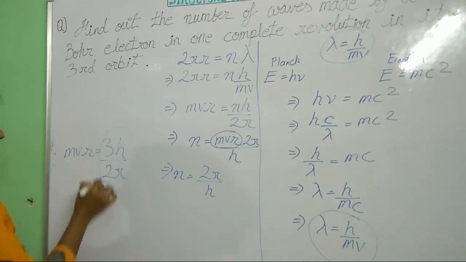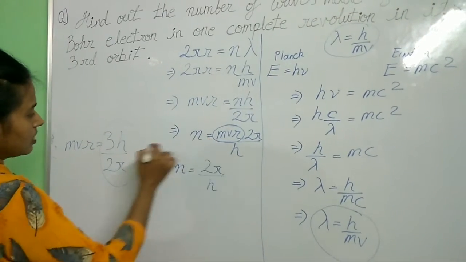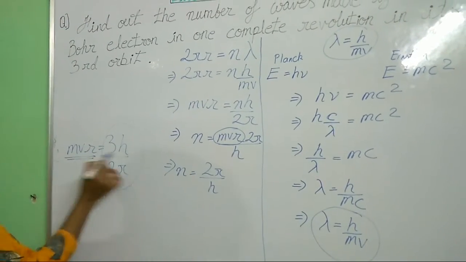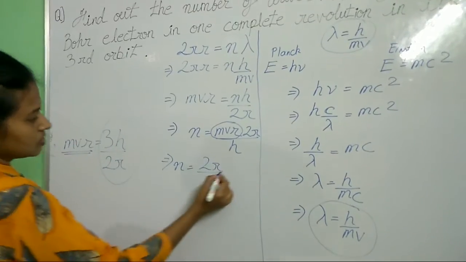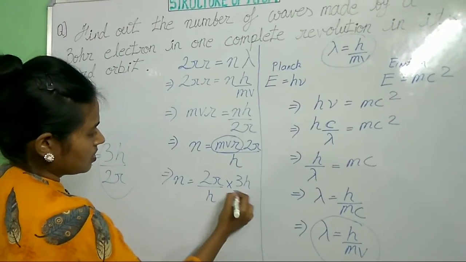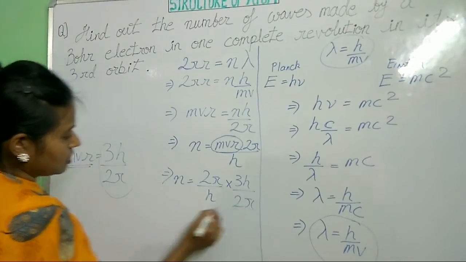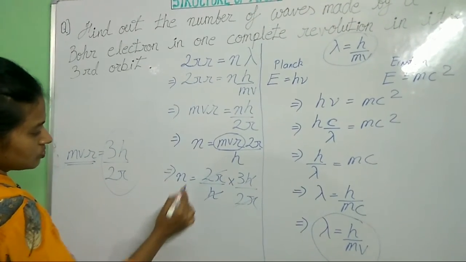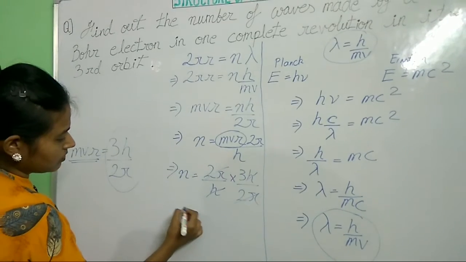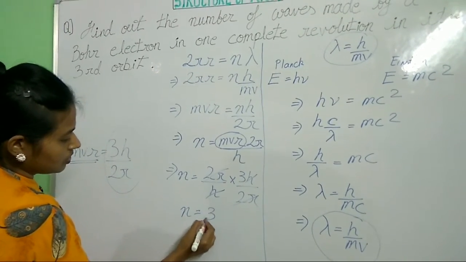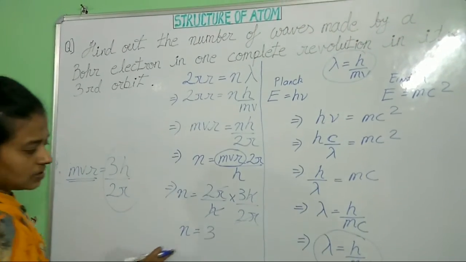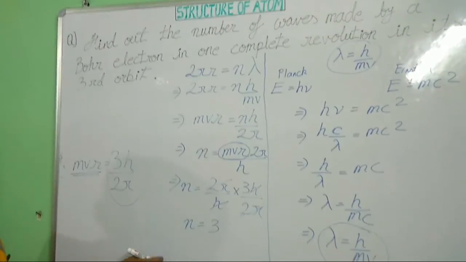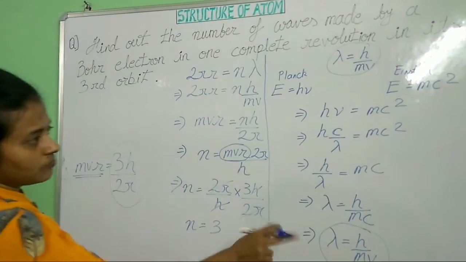So put this mvr value here, into 3h by 2 pi. Understood? Now if we cancel 2 pi and h, the number of waves in the third orbit will be, n will be equal to 3. Number of waves in the third orbit is 3. Clear? Look once more. It will be very clear to you.